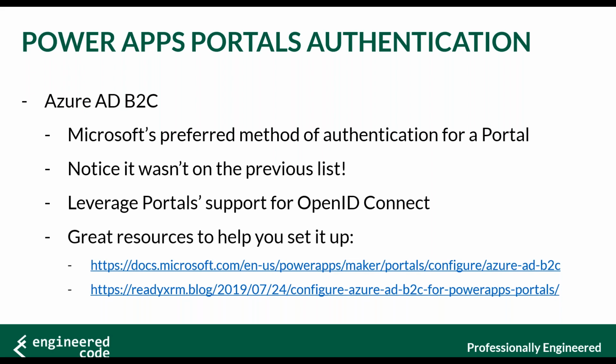So when you're designing your authentication scheme for your portal, there are all these different layers that you could implement. Let's say, for example, you wanted 2 OpenID Connect options, because the thing with portals is that you don't have to pick one provider. You can pick as many providers as you want for identity. So let's just say you had 2 different OpenID Connect providers that you want to add to your portal.